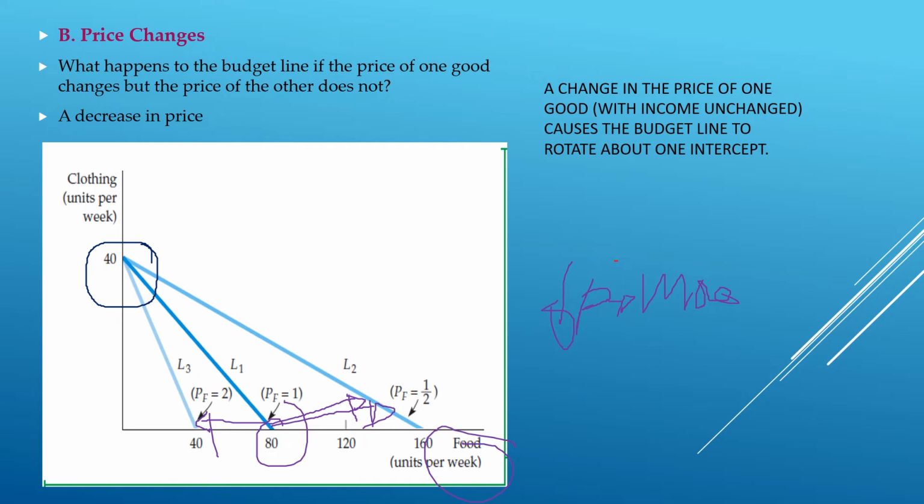The clothing remains because the clothing price never changes. The same is true the other way around. If the price of the clothing changes and the food price never changes, then this one will pivot and this one will remain the same.